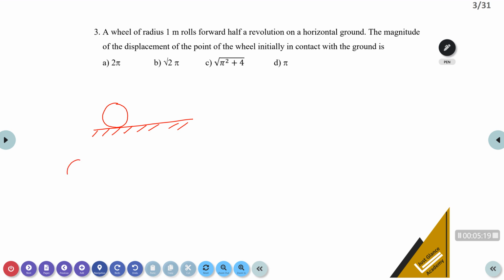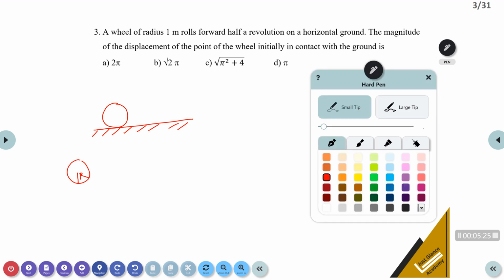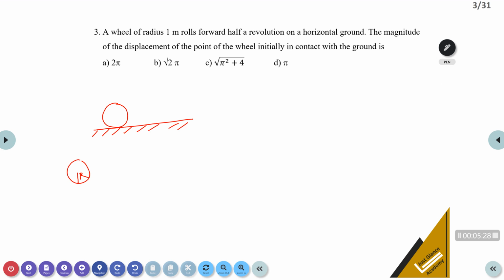The radius of the circle is R. I will call this point A, and this point B. Now this moves in the forward direction, half of the revolution, that means here this point becomes A and this point becomes B. For one complete circle it is 2 pi r. For only half circle, from here to here, distance equal to pi into R.